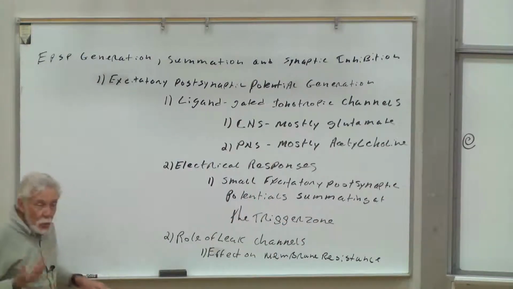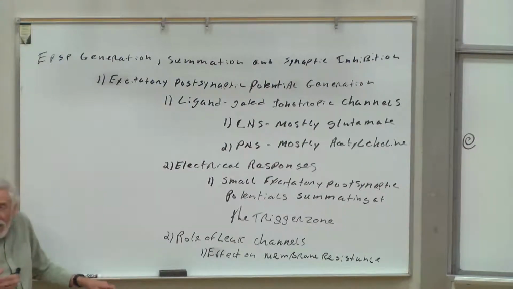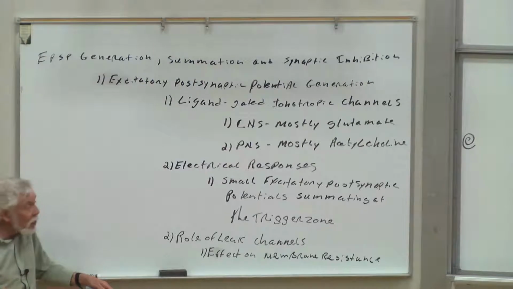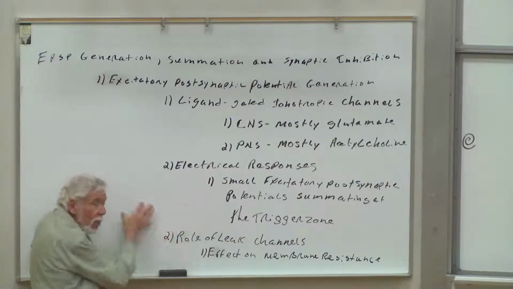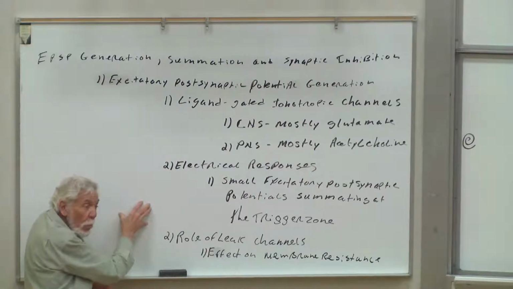These small potentials, which in the peripheral nervous system tend to be in the neighborhood of half a millivolt or less, will then summate at a site called the trigger zone. Again, remember back to the idea of opening those stretch-activated channels. The similar story here is that we're now going to open ligand-gated channels, and the number of ligand-gated channels opened will be proportional to the amount of neurotransmitter released.